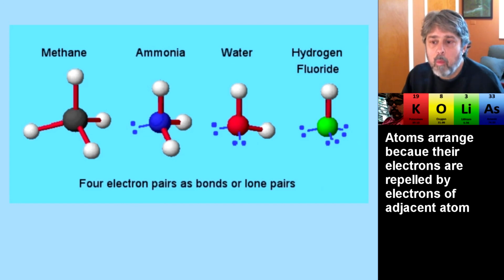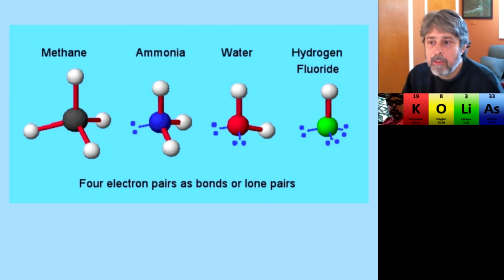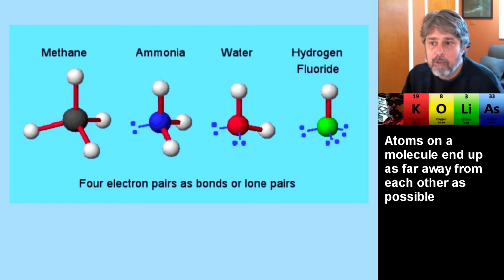Look at the next one, water. That's a bent shape molecule. And again, look at where the lone pairs are, the unshared pairs, the blue dots. They are where atoms would be if there were atoms there. So again, it kind of looks like a tetrahedral if you imagine those unshared pairs were atoms. And then the last one is just simply hydrogen fluoride, just HF stuck together.